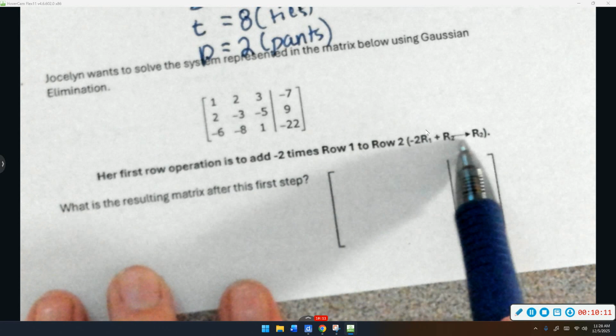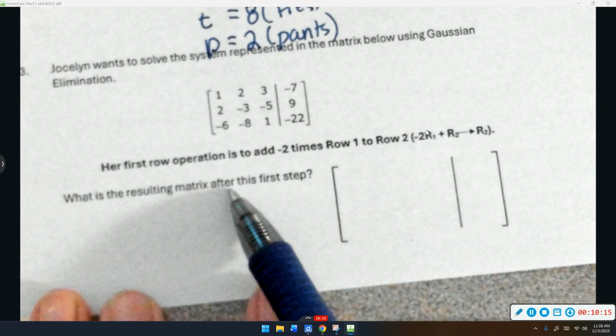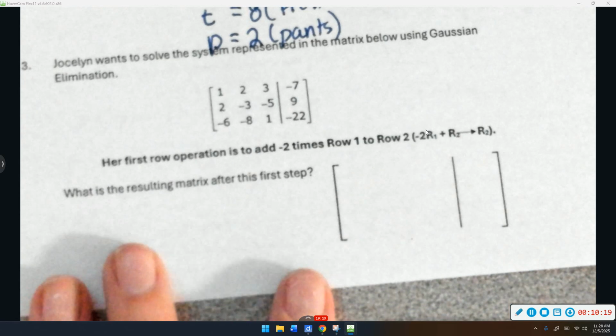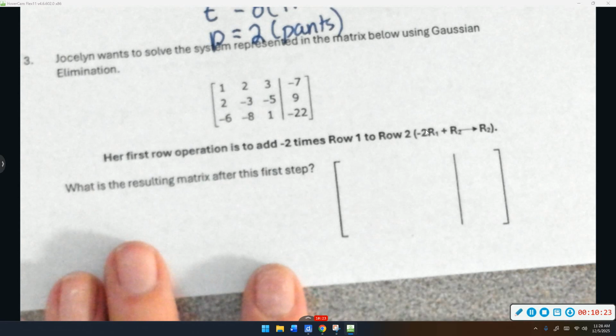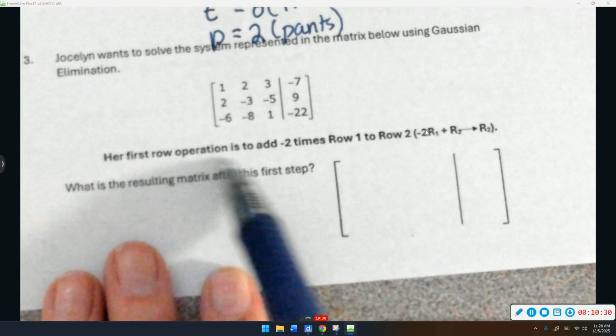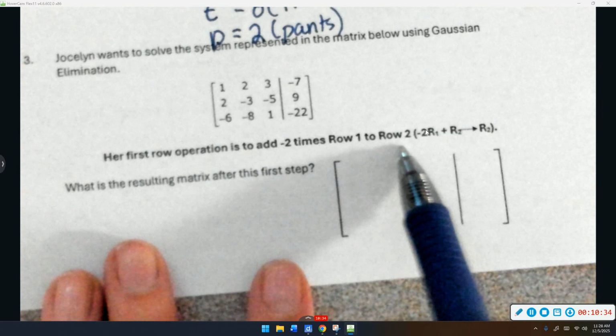And this is what that looks like in row command form. What is the resulting matrix after this first step? Okay, all this stuff is like, think of yourself like a computer program. Like if you do computer programming, you type in a command, the computer does it, right? It outputs what you tell it to do. So we're being told to do this. Add -2 times row 1 to row 2.